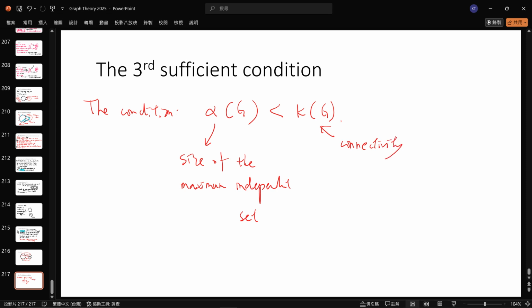So when the size of the maximum independent set is less than the connectivity, then we know that this is at most the number of followers. So we can find 2 adjacent followers. Okay, so we can find a larger cycle.